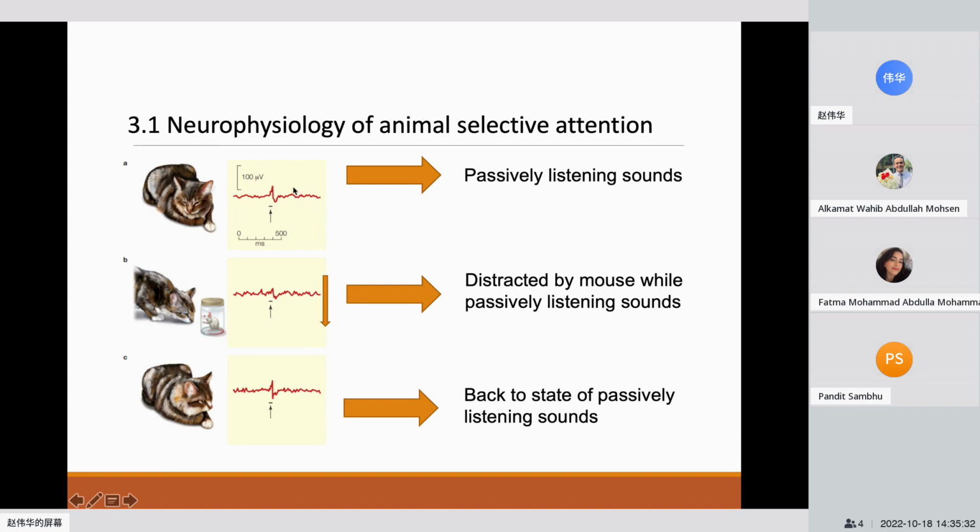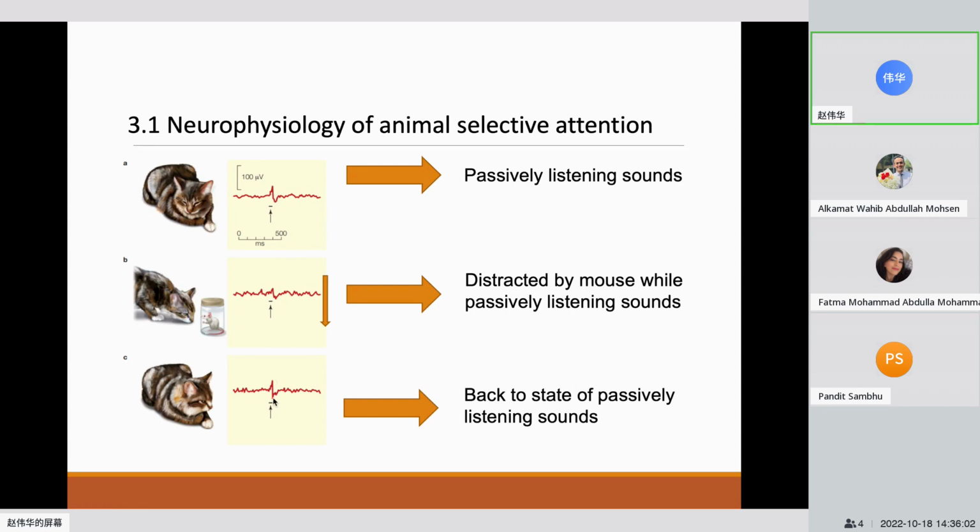The arrows in these figures indicate the response of interest, and the horizontal lines indicate the onsets and offsets of the sounds from the loudspeaker. So the red line here, here, and here. And from here, it's the onset of interest.